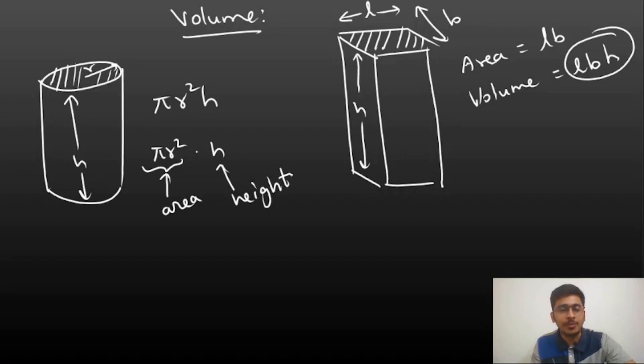So what is happening here is, if you have any shape, you can find its volume by multiplying an area with height, correct?